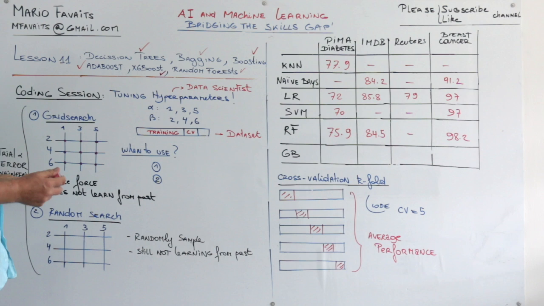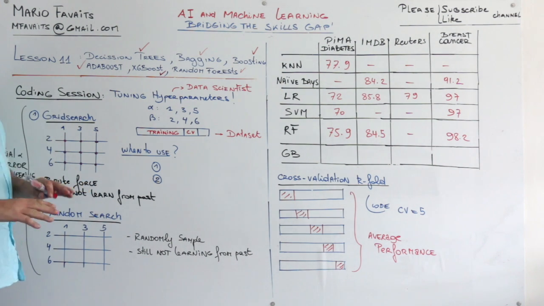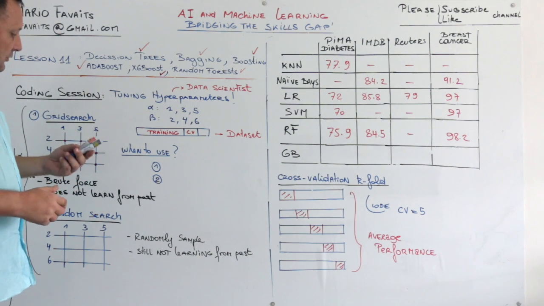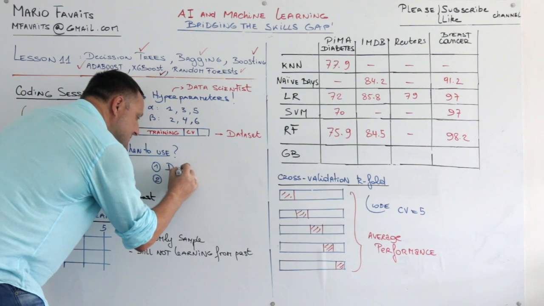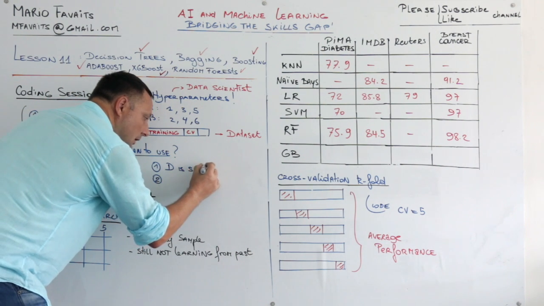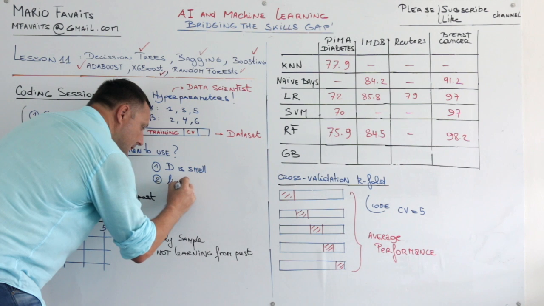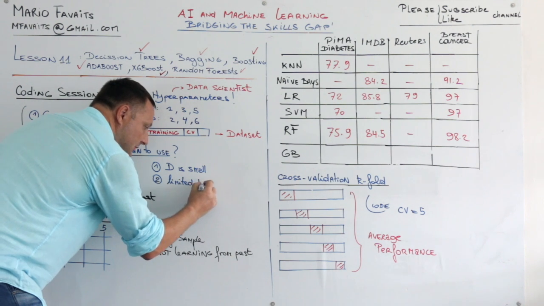What are the issues? Well, it's brute force. You take all the combinations. The second issue is you don't learn from the past. You just take all combinations, plain and simple. So when to use it? You can imagine that it's going to take a long time to go through the data set. So use it when the data set is small and we have limited hyperparameters.